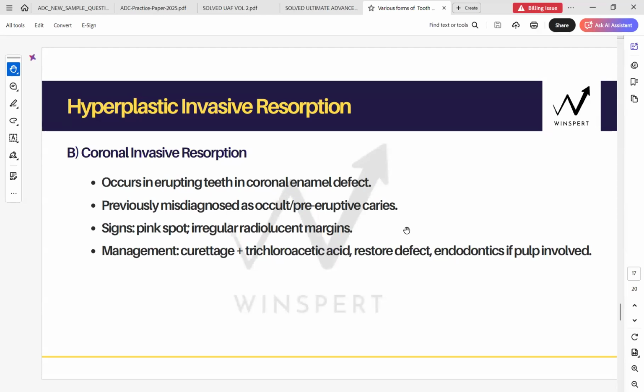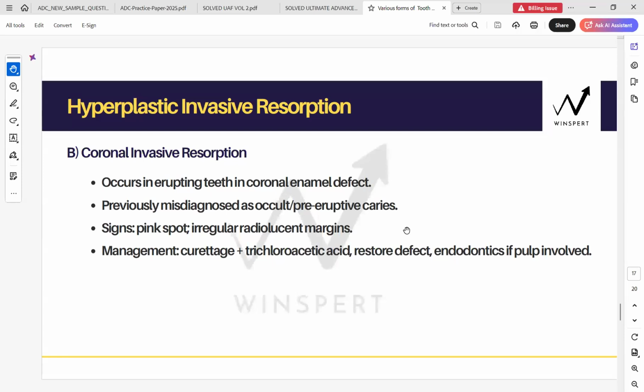But if it is internal approach, then you will do endodontic treatment. And if it's external approach but pulp is also involved, then you will do endodontics as well. So endodontics you will do in external only when pulp is involved. Otherwise, just trichloroacetic acid and your curettage. Simple.